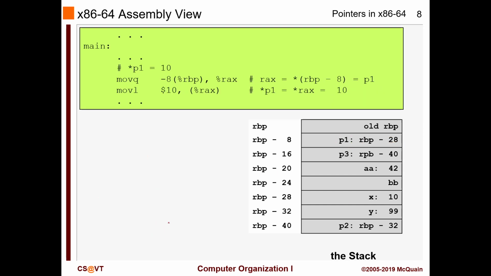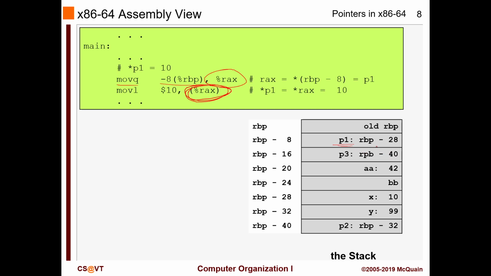Okay. This one is much easier than the previous one because there is no in-between pointer. So let's see what happens. We take the value of RBP minus 8, which is this P1, and put it into RAX. Then we are going to dereference it.